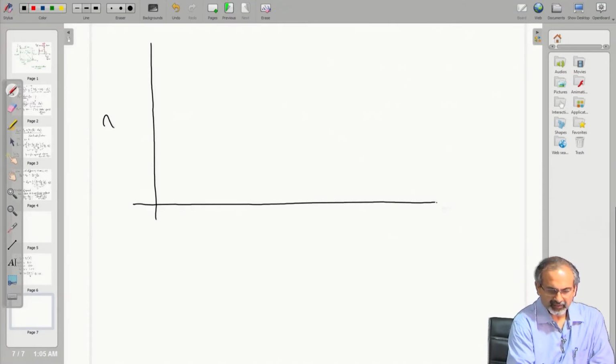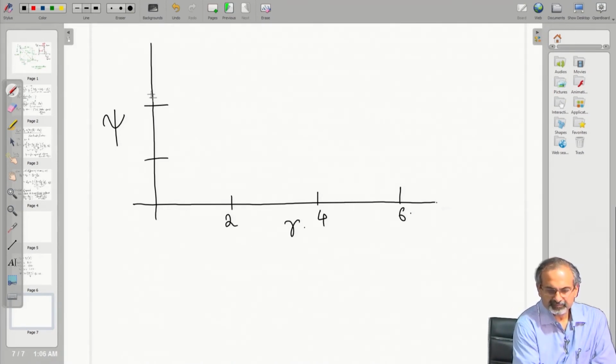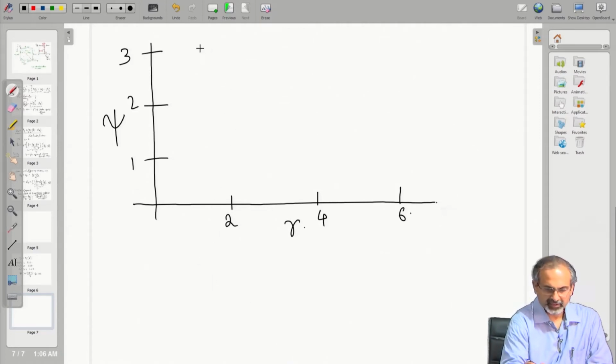You can make a psi r plot this way, and you will find that it is easy to show the variations this way. And all the schemes that we discussed would actually be representable in this manner.